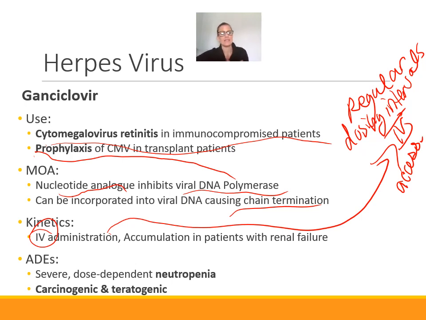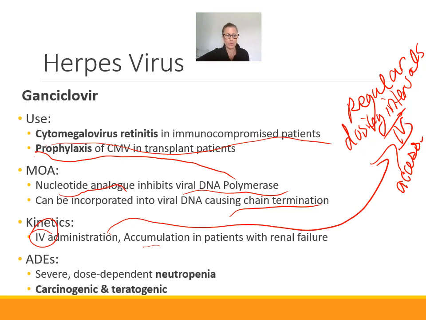If you're treating CMV retinitis in a patient with AIDS, and the reason they have AIDS is from IV drug use, then you might not want to have open IV access, and you might want to give the weekly Sujathavir instead. So it's something to keep in mind. It is, again, cleared renally, so the drug can accumulate in patients with renal failure.